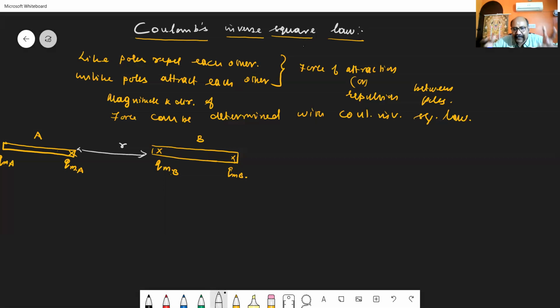The force of attraction or repulsion will be acting along the line joining the two poles, along its axis.